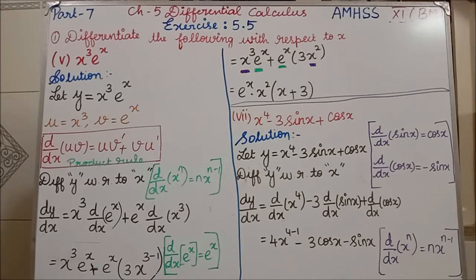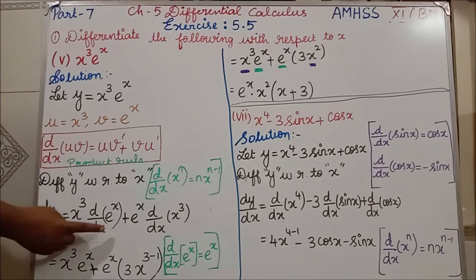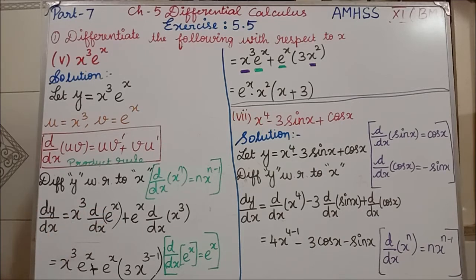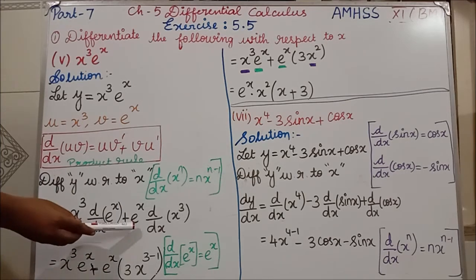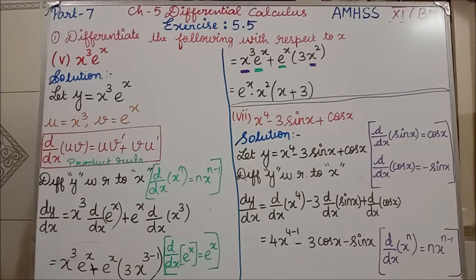Only if you write them many times will it enter your mind. In the exam also we need all the formulas on the side. Only then they will give you marks. So d by dx of e power x, if you differentiate, you will get the same e power x, the formula. So you write e power x plus e power x, the same e power x.